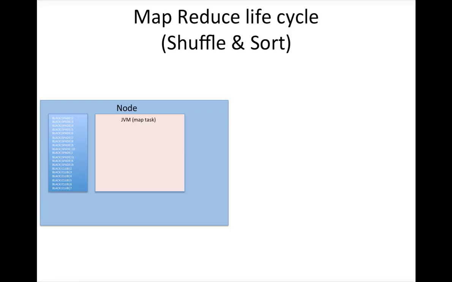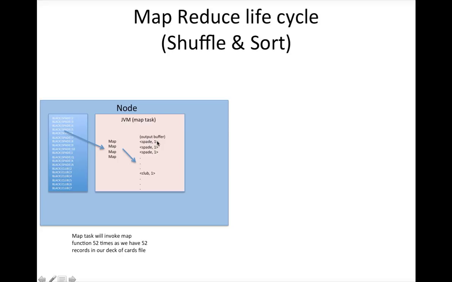So the map function will be developed by the developers, and you can go through my MapReduce application development playlist, and you will understand that it will be running in a JVM, and for each and every record the map function will be invoked, and then the output will be returned to something called output buffer.